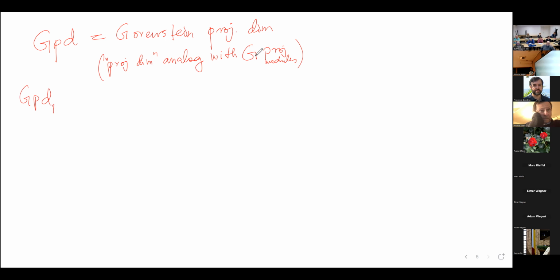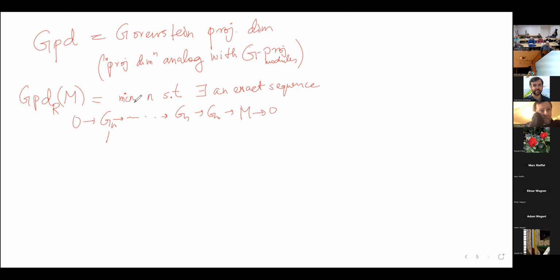GPD, Gorenstein projective dimension over R of a module M, is the minimal, smallest n such that there exists an exact sequence M, G0, G1, Gn, where each of these guys is Gorenstein projective.